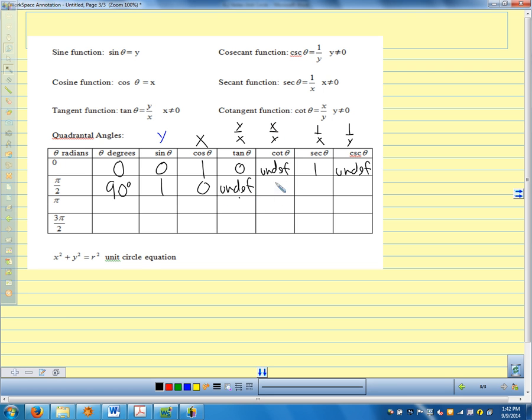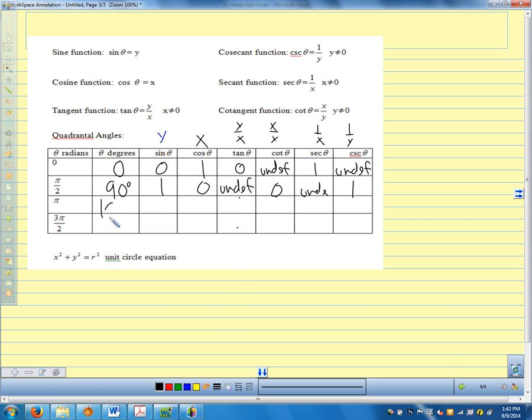Cotangent, x over y, is going to be 0. Secant, 1 over x, undefined. Cosecant, 1 over y, finally, a 1. I've been wanting to put that 1 in there the entire way.